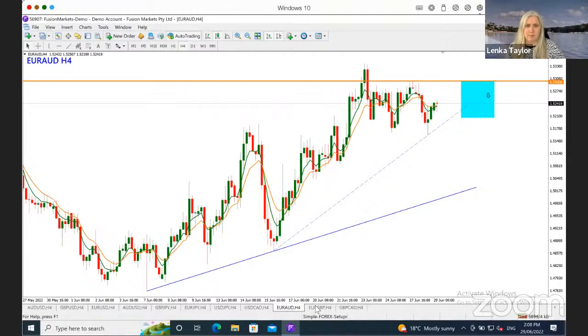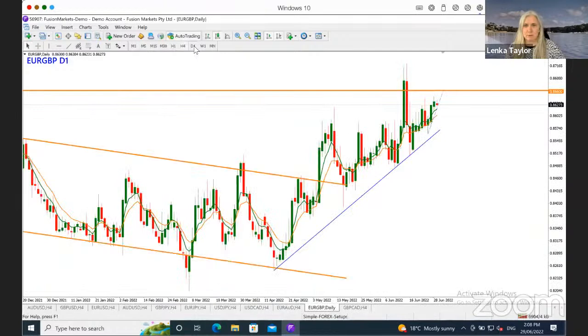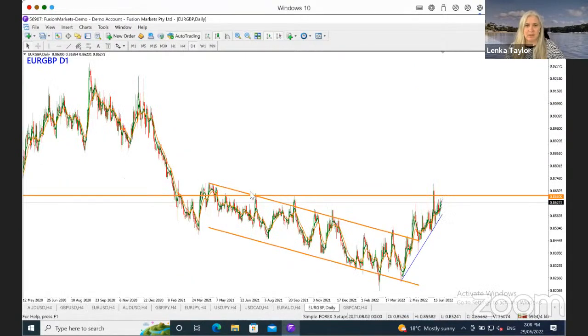Next currency pair I'm looking at is EURGBP, and on EURGBP I'm looking for a short. The trend is up. We did have that false break at the resistance level, which again has already had a couple of touch points.